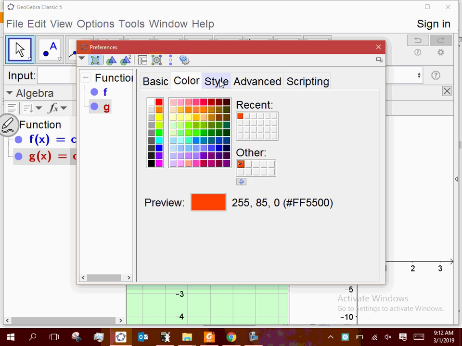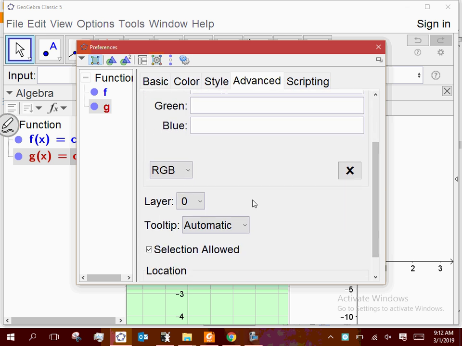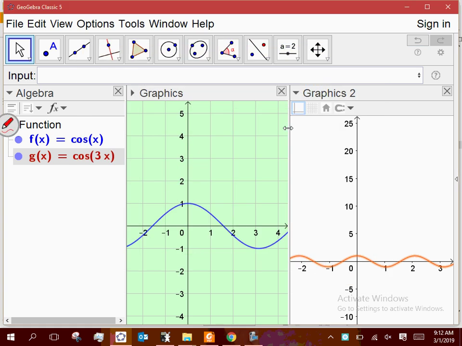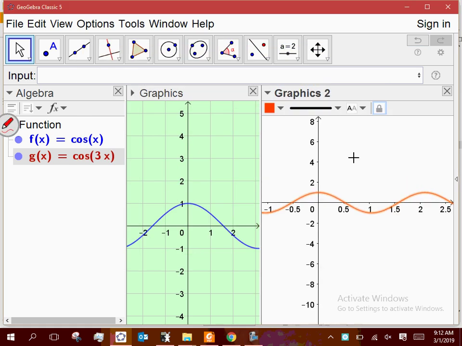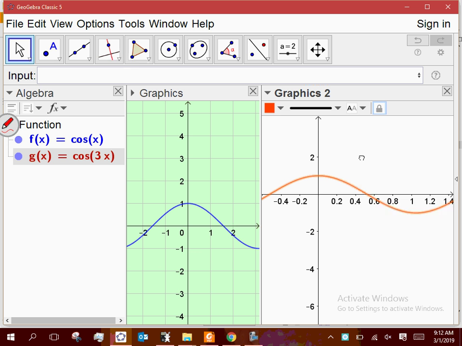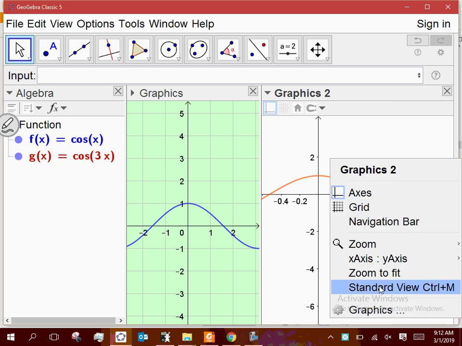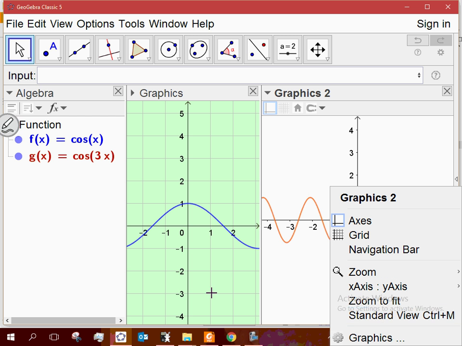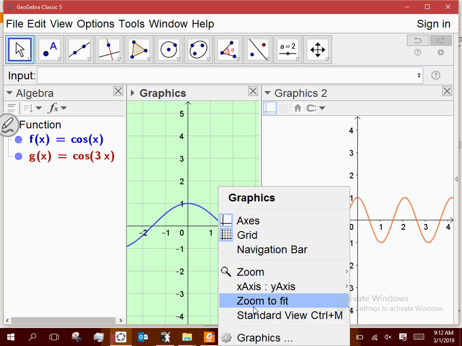the other graph, and again, I'm going to mess with the view a little bit. Standard view. Maybe it might be easier to mess with this one.